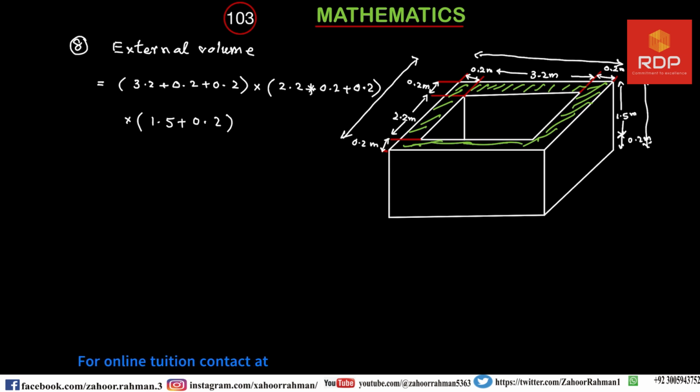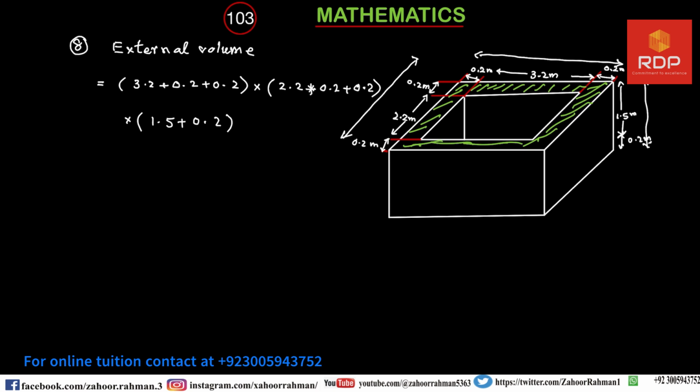Dear learners, why are we doing this? Because the volume of a rectangular box is length multiplied by breadth multiplied by height.